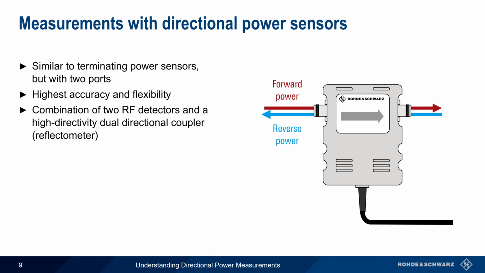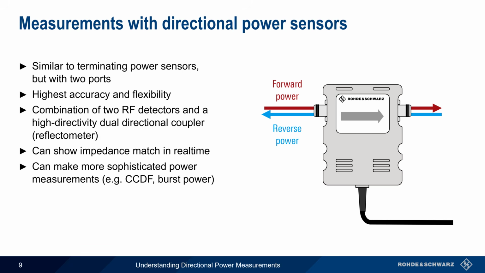Similar to the principle we just discussed on the previous slide, these sensors are a combination of two high-accuracy RF detectors and a dual-directional coupler or reflectometer, and thus they can calculate and display impedance match values such as VSWR in real time. In addition, more sophisticated measurements such as burst power, peak envelope power, and CCDF are also supported.